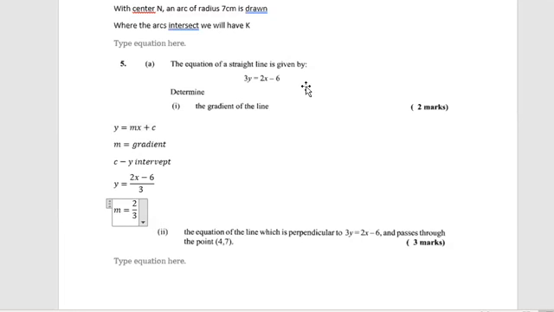So this equation that they gave us, we're rewriting it in the format of what a straight line equation looks like. So this y equal mx plus c is the guide for what a straight line formula is.